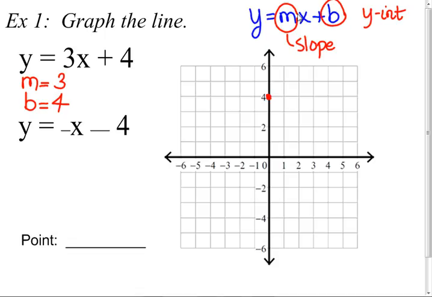Down 3, because he said if I go up 3, I don't have a graph there. I'm going to go down 3. 1, 2, 3. Which way now? Left. Because a -3 and a -1 becomes positive. 1, 2, 3, there it is.